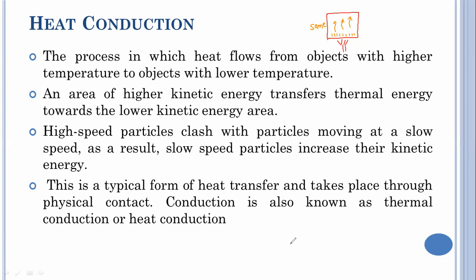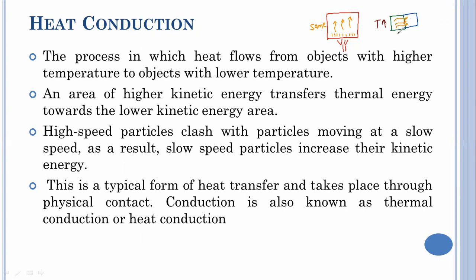Or let's say there are two bodies which are in contact. This is body 1, and this is body 2. These are in physical contact with each other. Let's say the temperature at this end is higher. Then heat is going to flow like this.